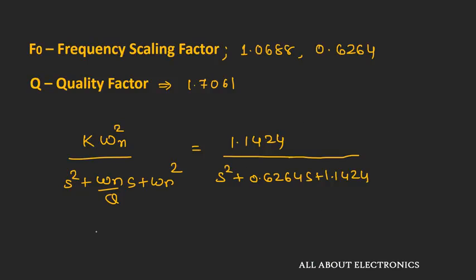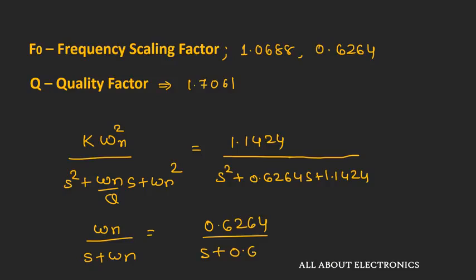Similarly for the first order stage, if we compare this equation with the transfer function omega n divided by s plus omega n, then we can write it as 0.6264 divided by s plus 0.6264. And if we multiply these two expressions, then we get the same transfer function that we have got using the mathematical equations.